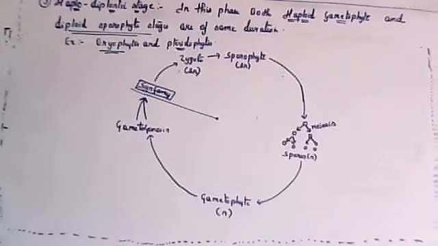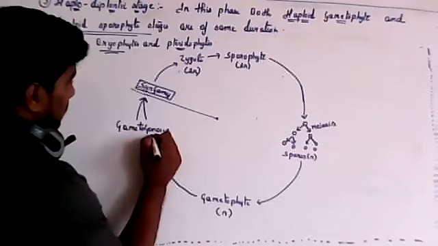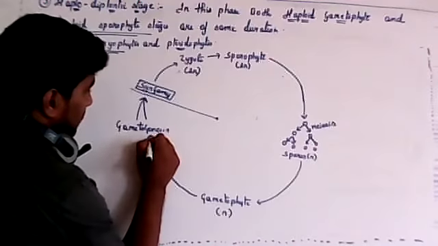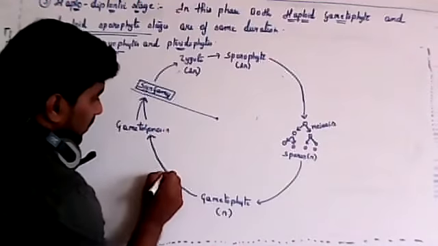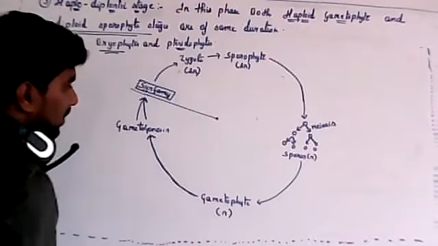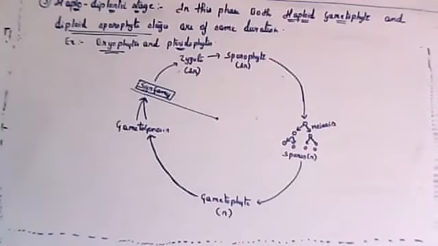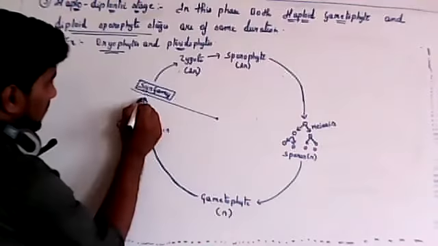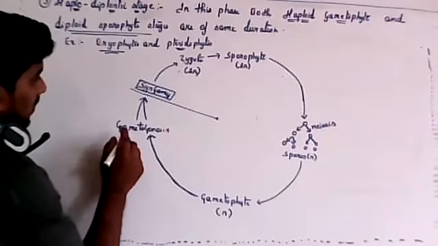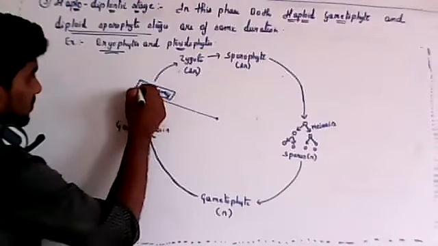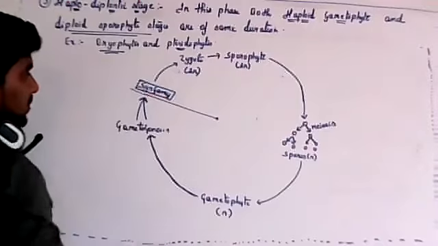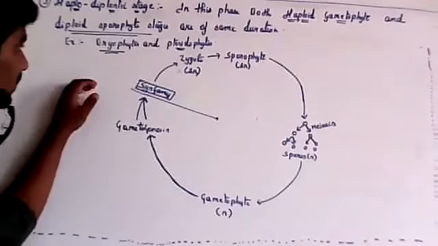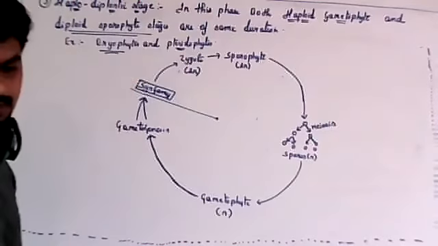That is gametogenesis. The antheridium will produce the male gamete and the archegonia will produce the female gamete. So production of sperm and egg is called gametogenesis. The antheridium will produce sperms that will reach the archegonia, then it is called syngamy.